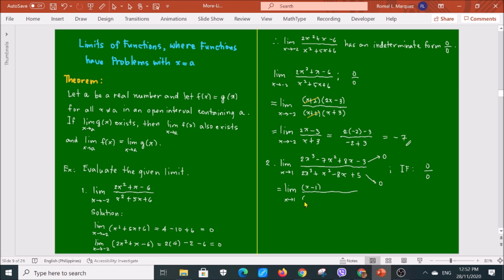The denominator also has x minus 1 as one of the factors. You are going to divide, okay? Let's divide synthetically. Then I will be erasing this. So 2, negative 7, 8, negative 3.